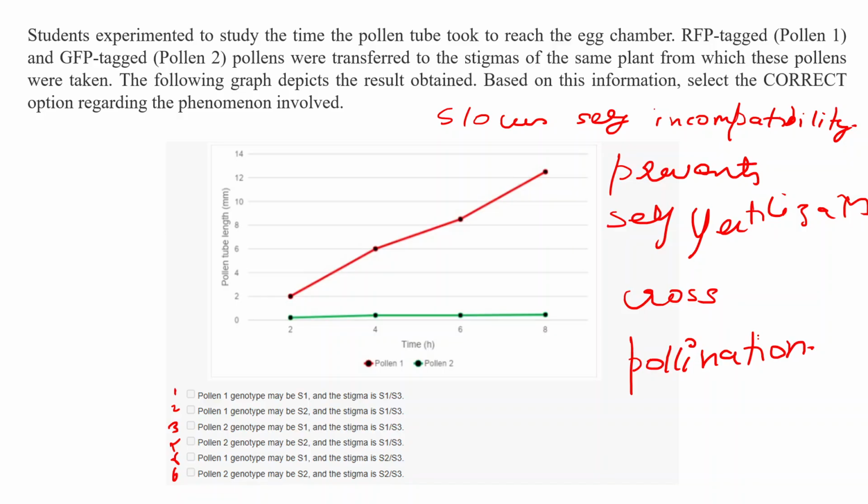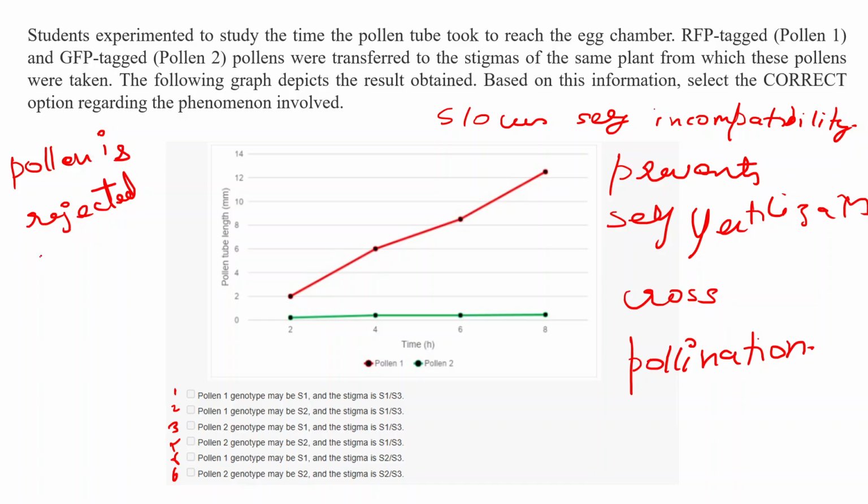Basically, what happens? It is controlled by a highly polymorphic S locus. The S locus encodes proteins which are expressed in pollen and in the stigma and style that interact to determine the compatibility. So pollen is rejected when its S allele matches an allele in the stigma. Okay, this is important. I am writing it over here that pollen is rejected. Note that there is rejection of pollen and not of the ovules.